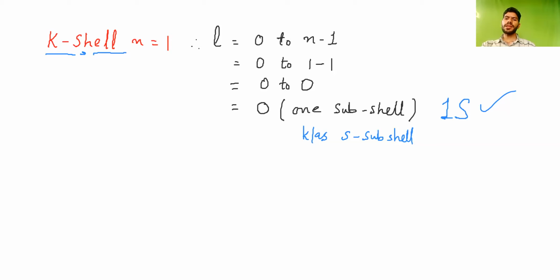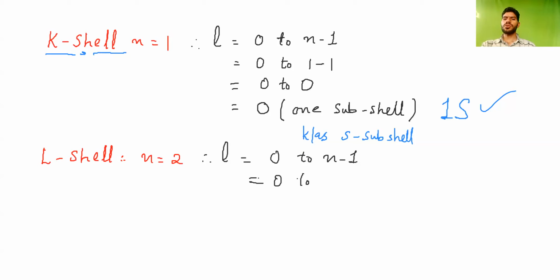Now, can you tell me how many subshells will be in the second shell, that is your L shell? In L shell, what is the n value? N value is 2. So L value will be 0 to n minus 1, that is 0 to 2 minus 1, so 0 to 1. 0 to 1 means only two values are possible, 0 and 1.